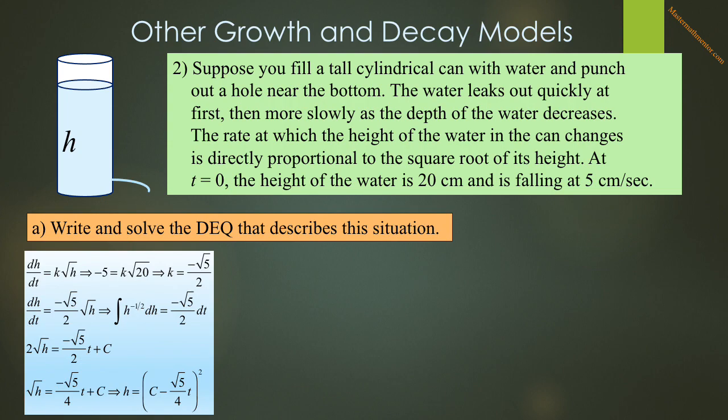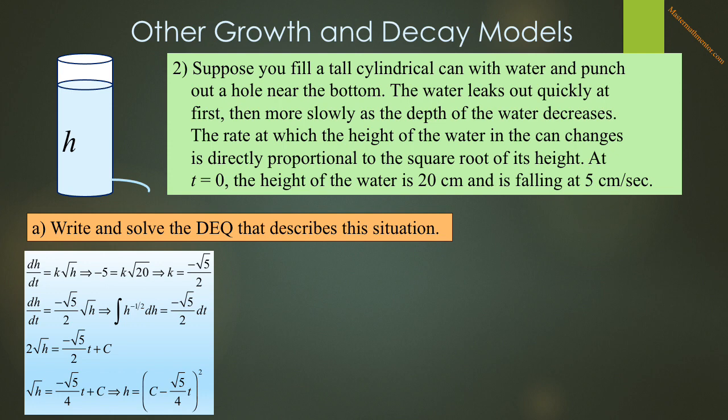We are first asked to write and then solve the differential equation that describes this situation. Since the rate at which the height of the water is changing is not directly proportional to its height, but the square root of its height, we need to go through the following steps. We know that dh/dt will equal k times the square root of h.